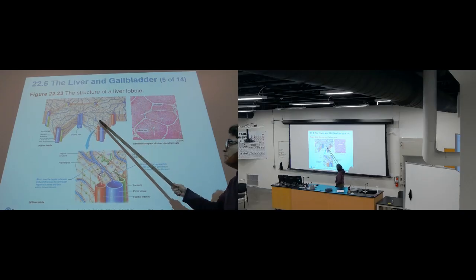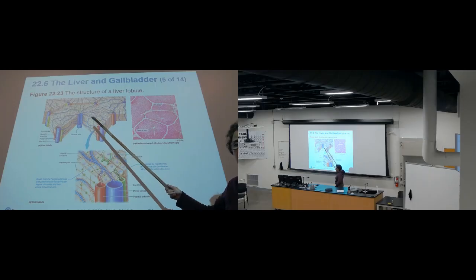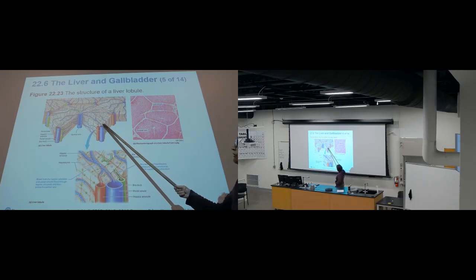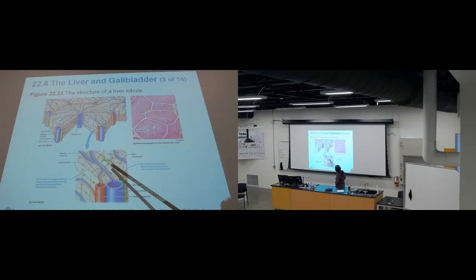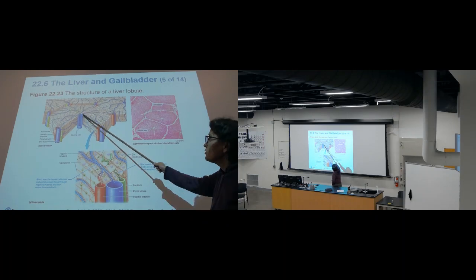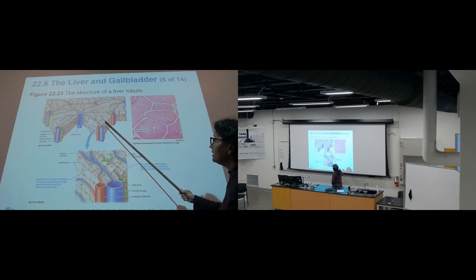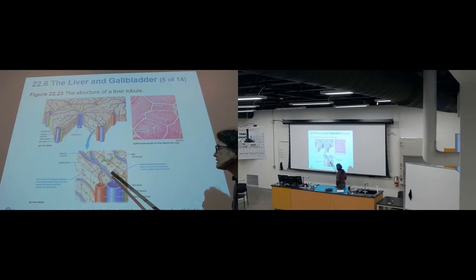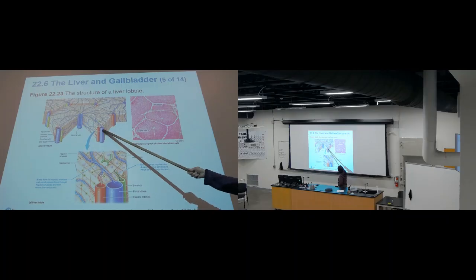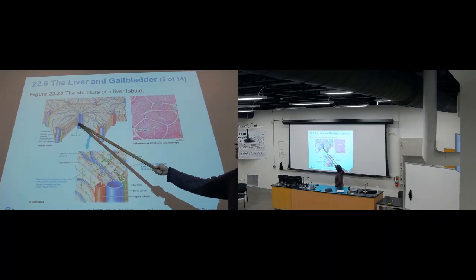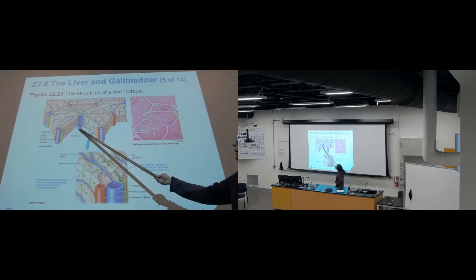And then the liver makes most of the proteins in our body, with the exception of the antibodies. And then it releases them into the sinusoids, which are located in between the hepatocytes. Now, in between the rows of these hepatocytes, you have these venules, or sinusoids, that bring the blood from the portal triad into the central vein.